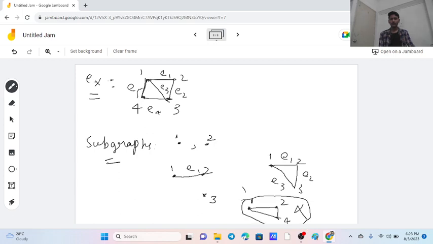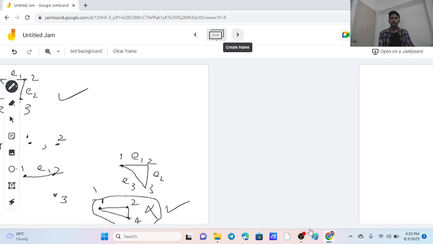Okay, why? Because 1 and 4 are sharing an edge, but 2 and 4 are not sharing an edge here in the graph G. But here in the graph G1, 1 and 2, 2 and 4 are sharing an edge. That's why this is not a subgraph of this graph G. Okay, so these are subgraphs.